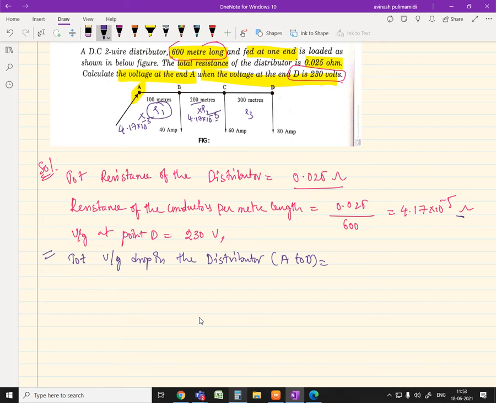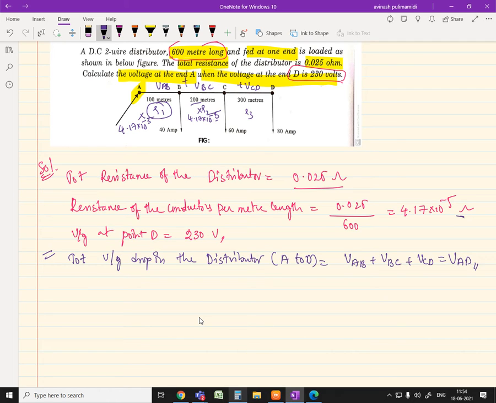Meter and ohm, ohmic meters is the total resistance value. Now, what is the total voltage drop? Voltage drop across AB plus voltage drop across BC plus voltage drop across CD. So VAB plus VBC plus VCD is the total voltage drop.